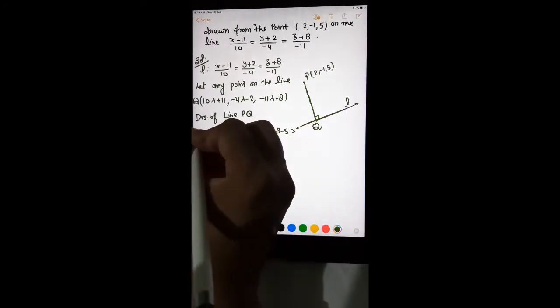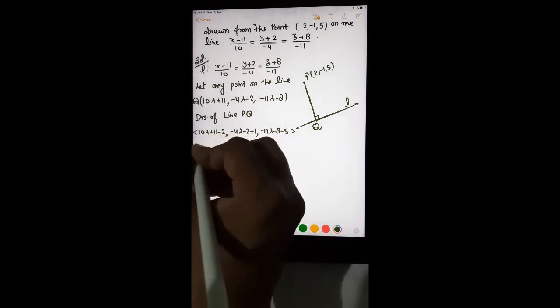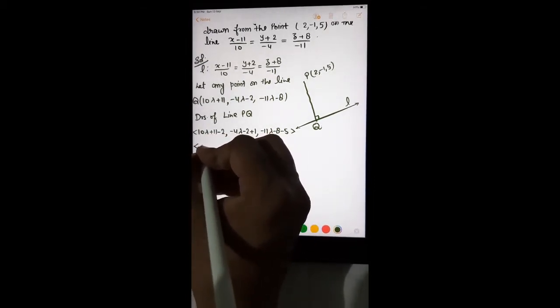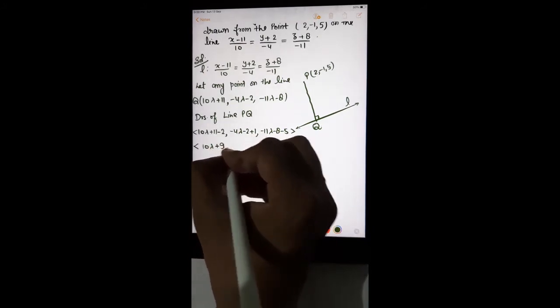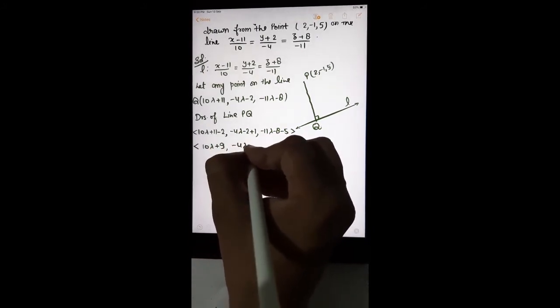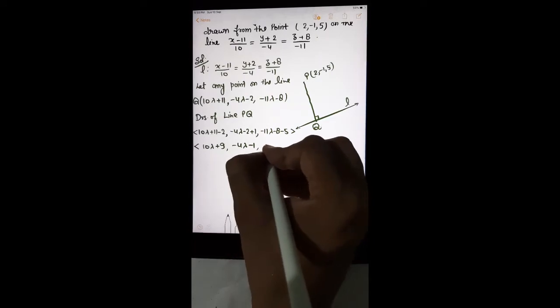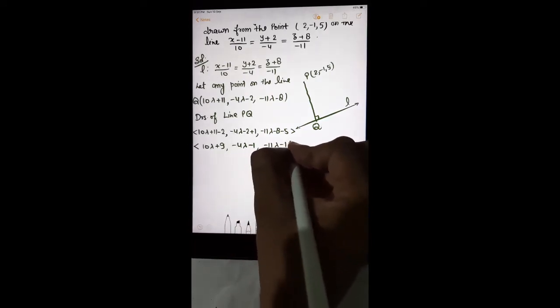These are the direction ratios of the line PQ. So these will be 10 lambda plus 9, minus 4 lambda minus 1 and minus 11 lambda minus 13.